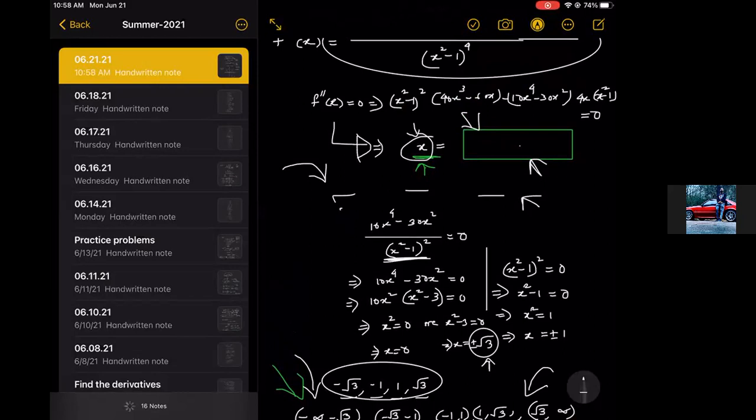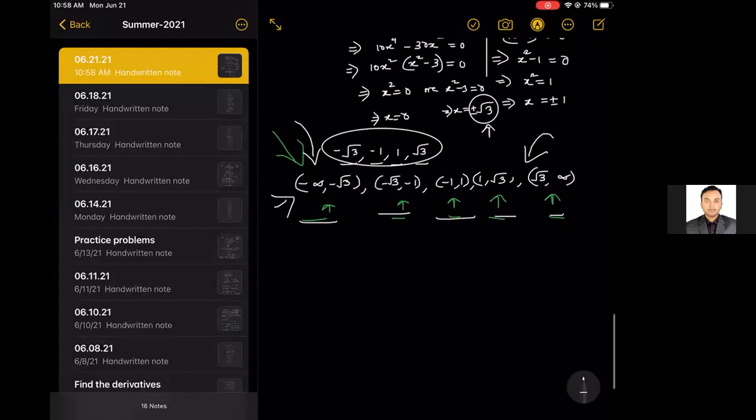Yeah, so if you solve this for x, this will be your homework assignment. After we finish, I want you guys to solve it. I don't know why 8 minutes was not enough. No worries, you can still solve it after we finish. And then all you need to do is to check where this is concave up and where this is concave down.